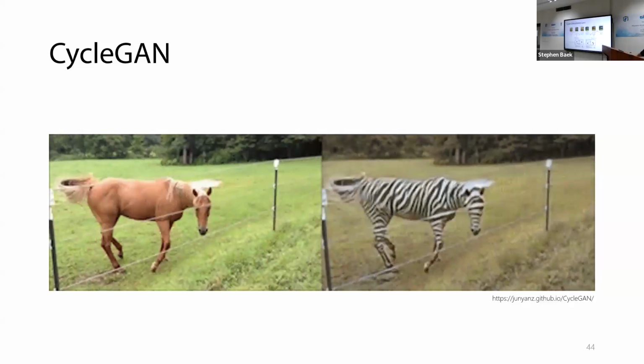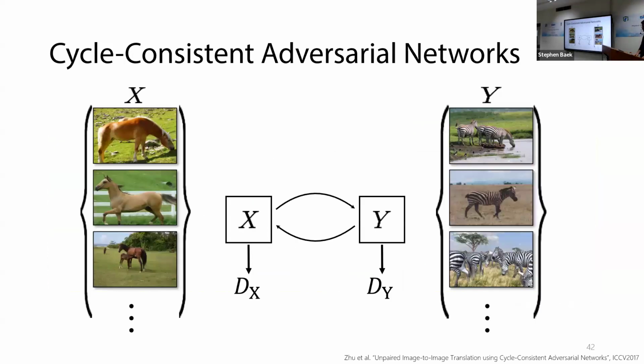You can consider a generator that generates a zebra image from horses, so that's one generator. And then there's another generator that generates horses from zebras.